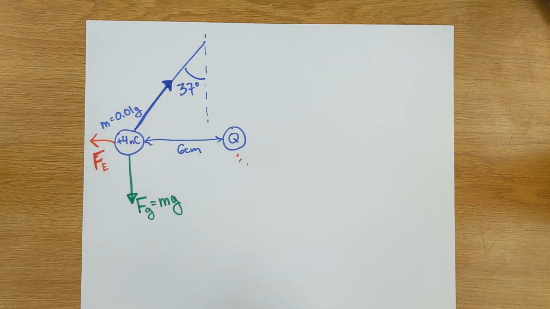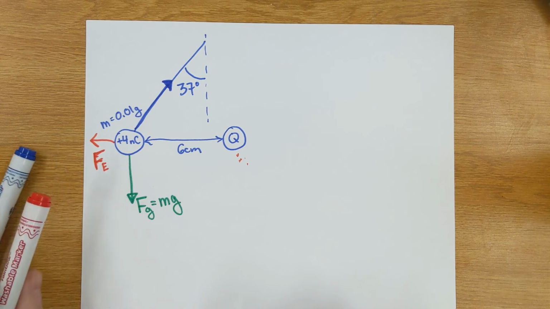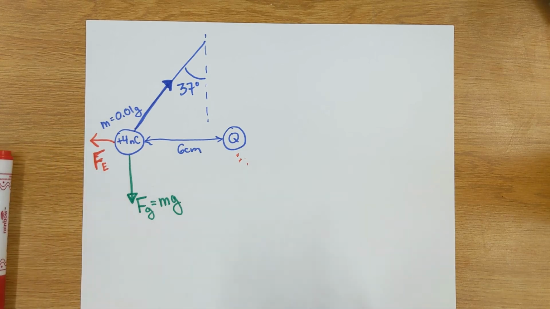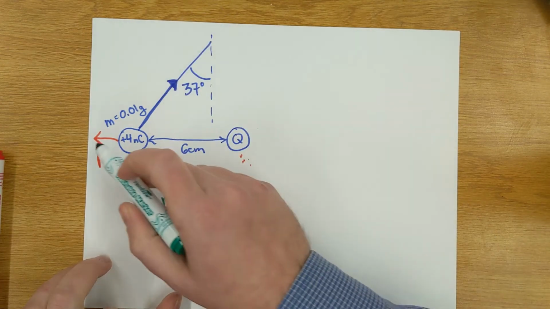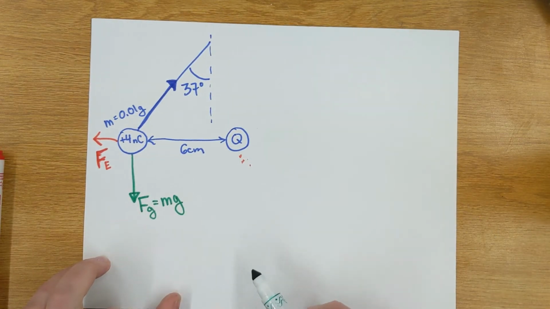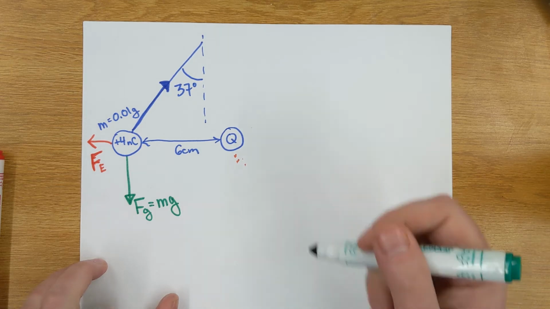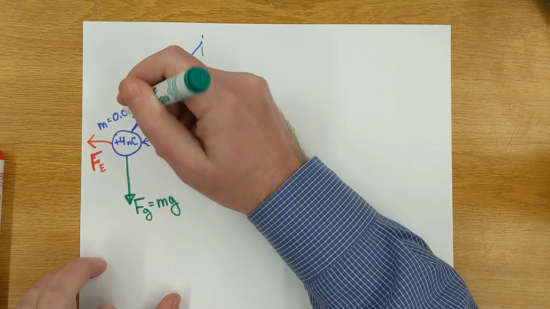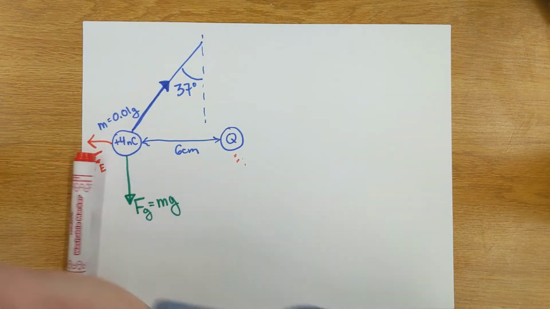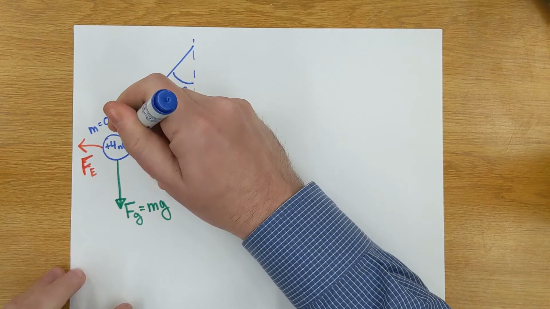So now we just want to figure out what those forces are in each direction. I see that this thing is at rest, so the net force in the vertical direction and the net force in the horizontal direction must be 0. So how do we go about doing that? Well, I can break this tension into two parts.